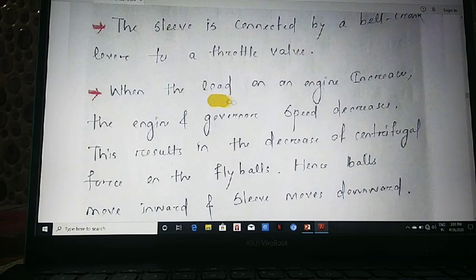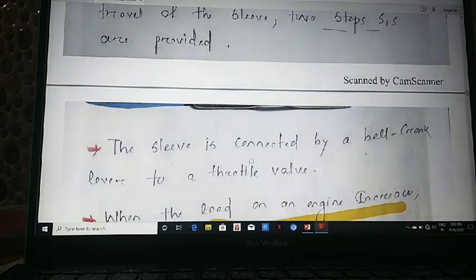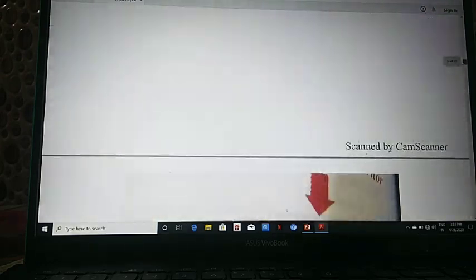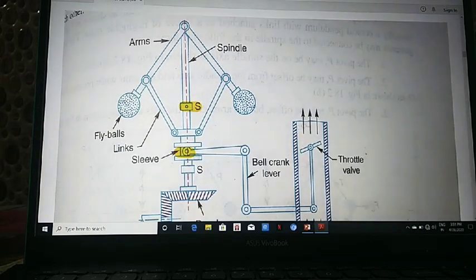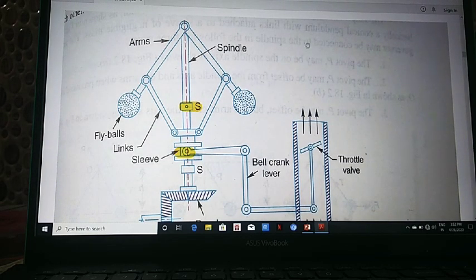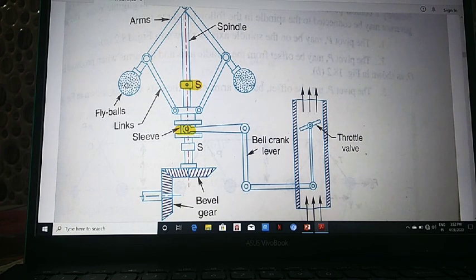So let us discuss the first condition, when the load on the engine increases. What will happen? When the engine load increases, the speed will automatically decrease. So it will decrease the centrifugal force acting on the ball. The centrifugal force acts in this direction and is denoted by the symbol Fc.